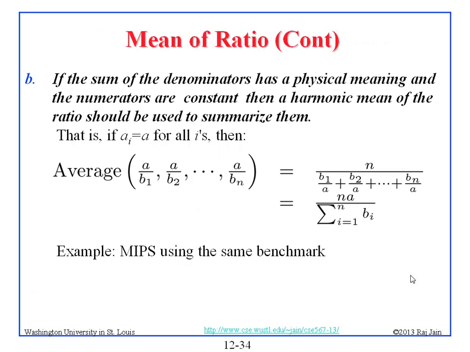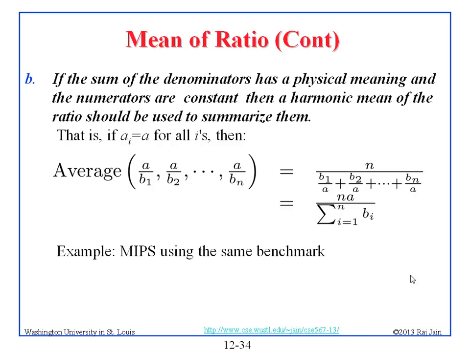If the sum of the denominators has a physical meaning, even though the denominators have different values, then you would use a formula where the average is the sum of the numerators over the sum of the denominators.